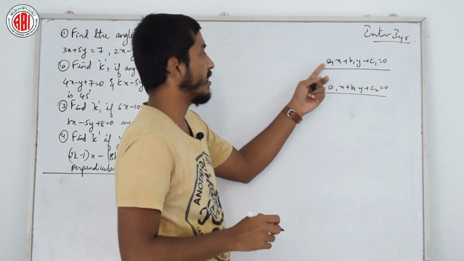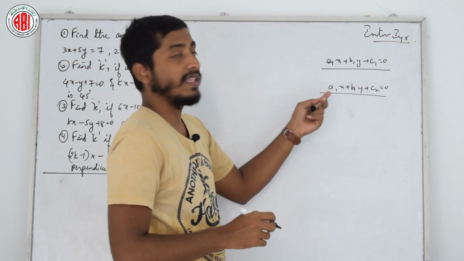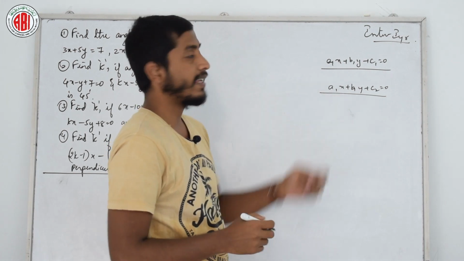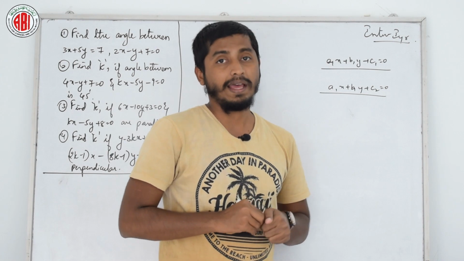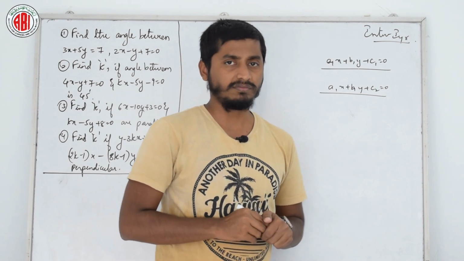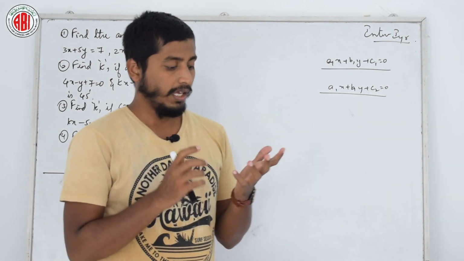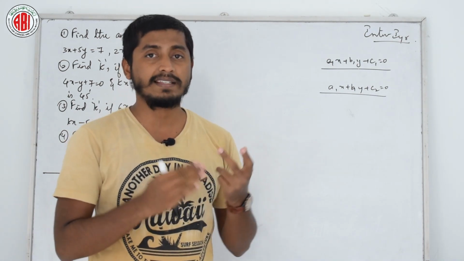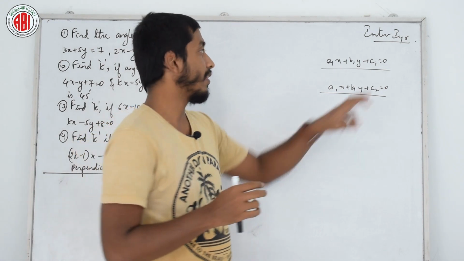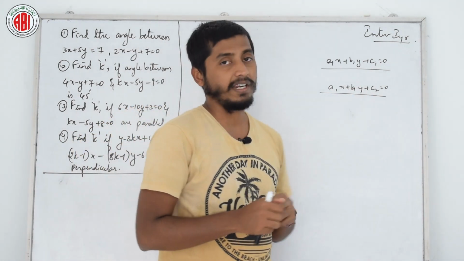If in the first equation it is a1 b1, it should be the same a1 b1 in the second equation. Then only we can say both the lines are parallel to each other. Is it clear? Once again, two lines are said to be parallel if their coefficients of x and y are equal and the constants are different.